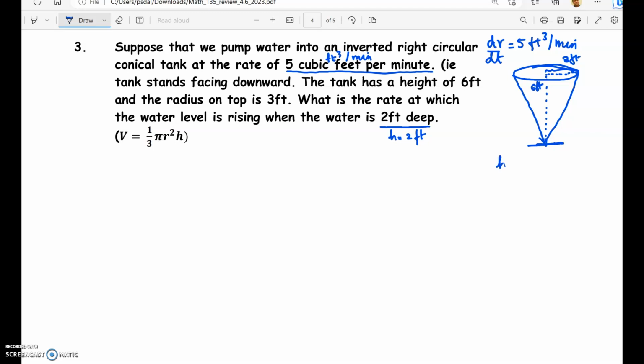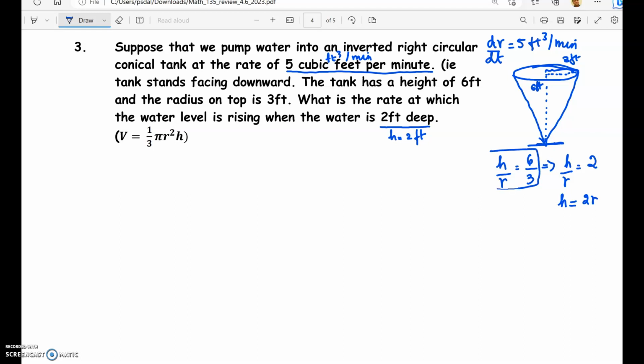So height divided by radius in general is in the ratio 6 divided by 3. So this tells us that h over r is equal to 2.